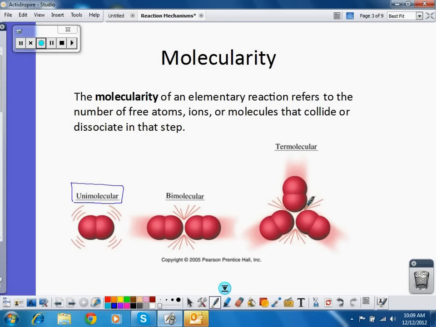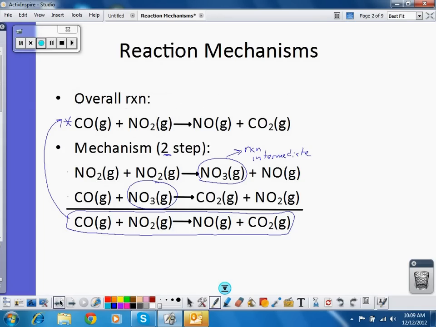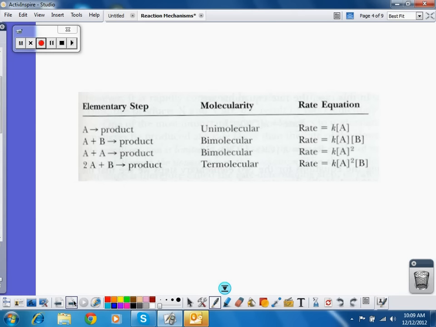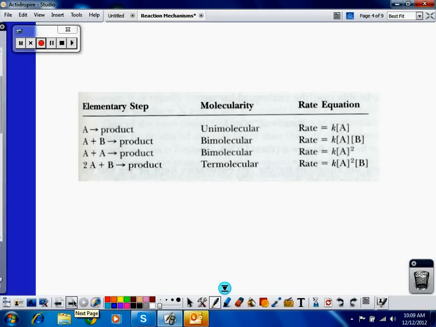And if I have three molecules colliding, that would be called termolecular. So if I look back at this mechanism, I can see that each step involves two molecules colliding with each other. So each of these steps individually would be bimolecular. So here's a little chart that shows the molecularity of each step.